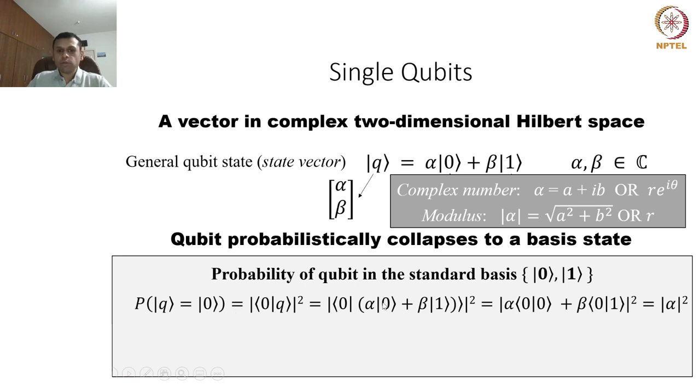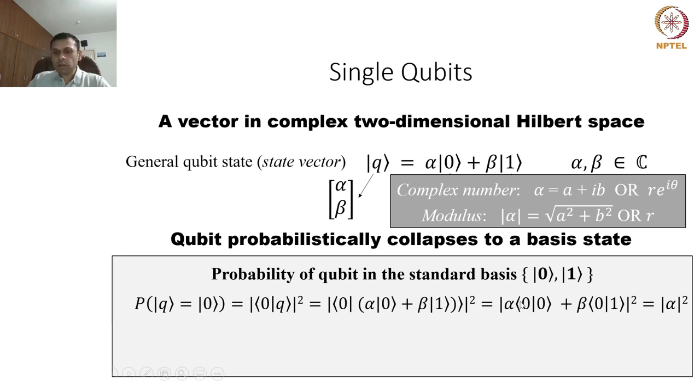So let's expand q, which is alpha 0 plus beta 1. Now because all the operations we are doing here are linear transformation operations, we can distribute as well as take scalar parts of an expression out, and that's what we'll do here. We'll apply the bra 0 to each term. What do we get?